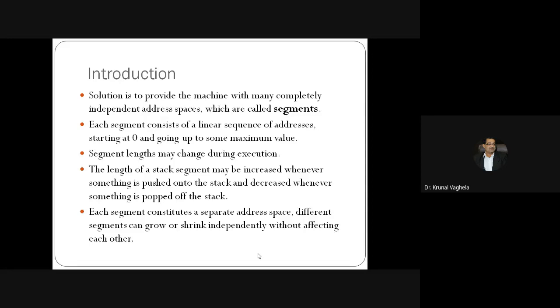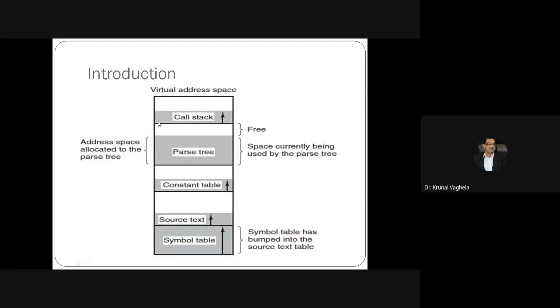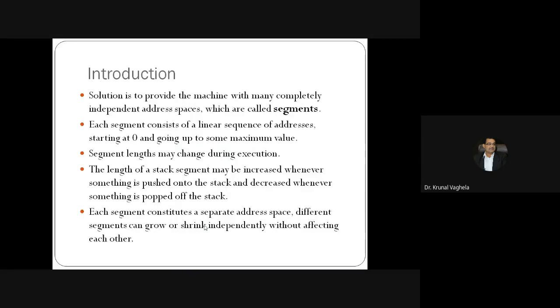What is the solution to this? When your program grows and you have a single address space, then a portion of your program will be overridden or overlap with the other portion. So the solution is to provide the machine with completely independent address spaces, which are called segments.